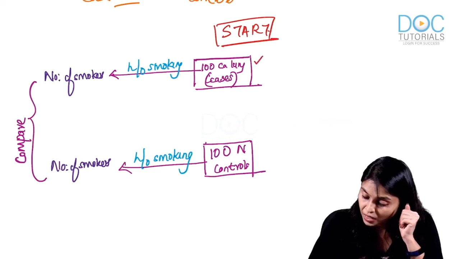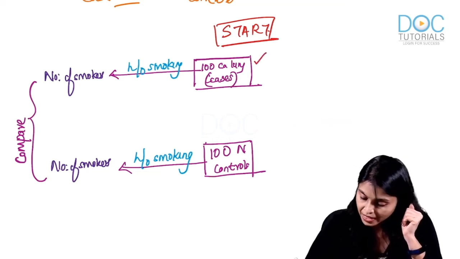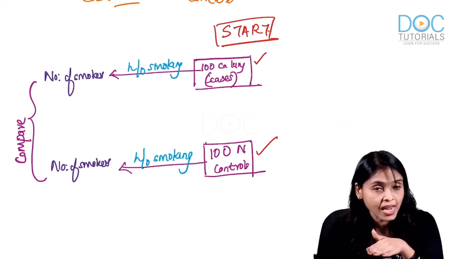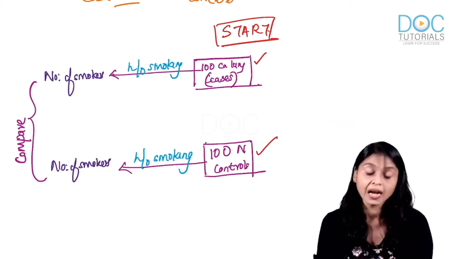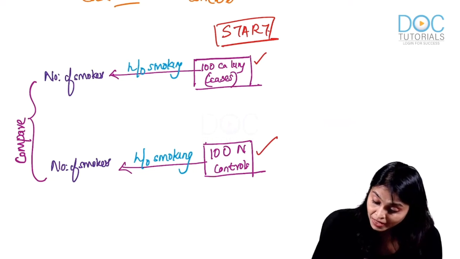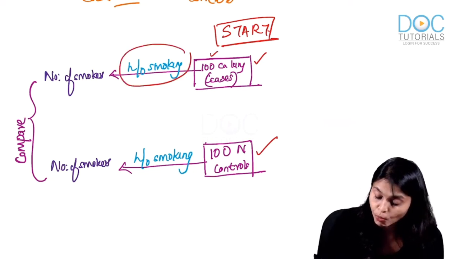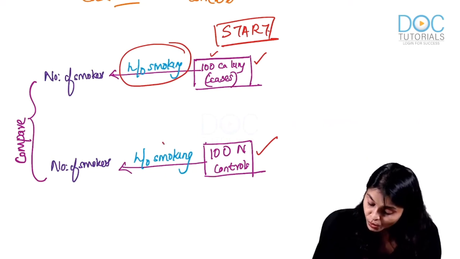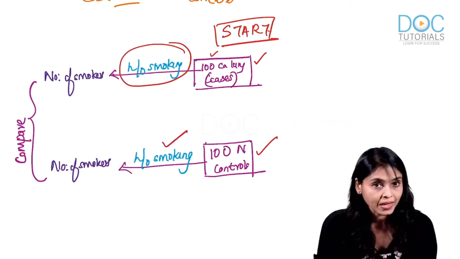So I took 100 CA lung patients as cases and 100 normal people, that means without CA lung, as controls. Then I asked each and every person in my cases about their history of smoking. I asked them, do you smoke or have you ever smoked? And the same question I asked each and every person in my controls.